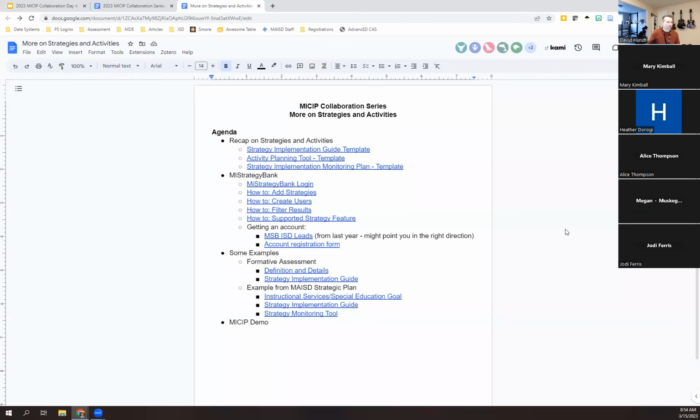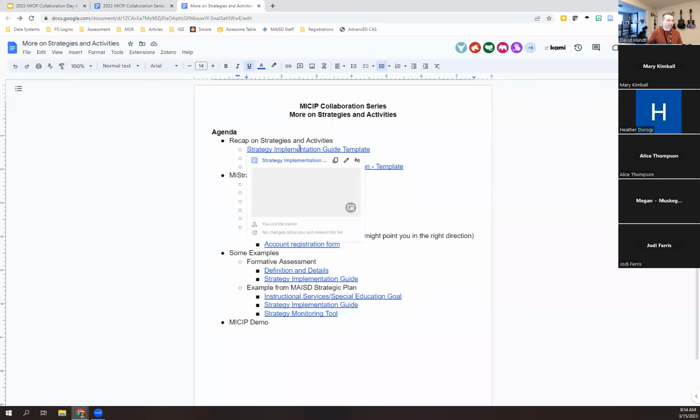We are going to look through a few different documents here, and hopefully this helps to bring some clarity to some of the things that we've been doing. So if you came to my session last time, I did share these first 3: strategy implementation guides, activity planning tools, and strategy implementation monitoring plans. I'm going to go ahead and open those again and go over those real quickly, and then we'll get into a few other pieces.